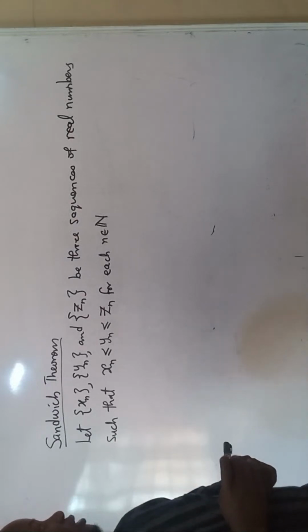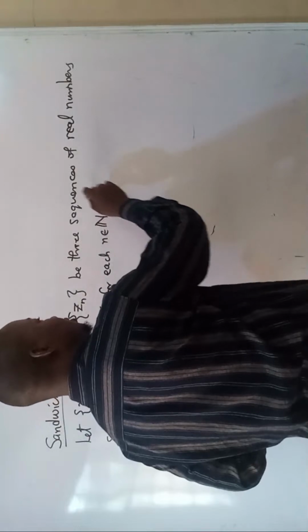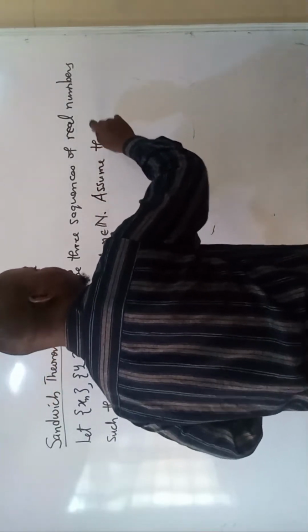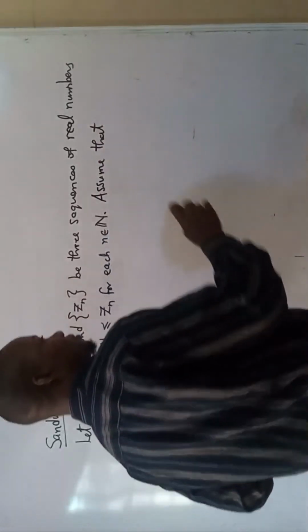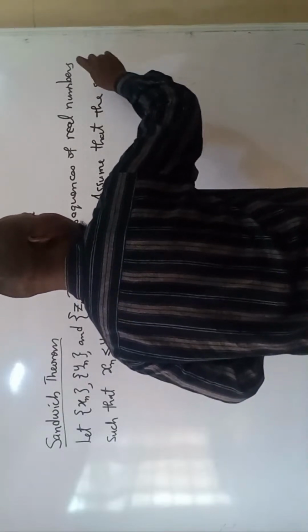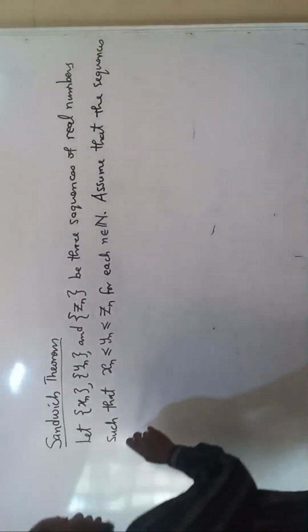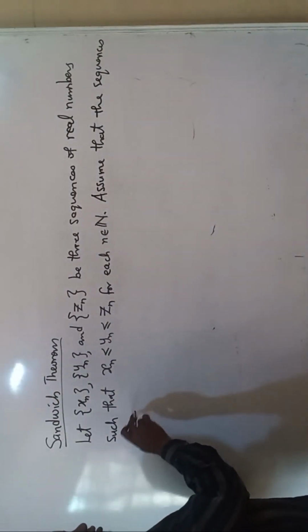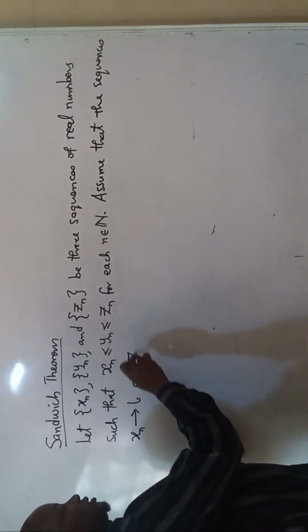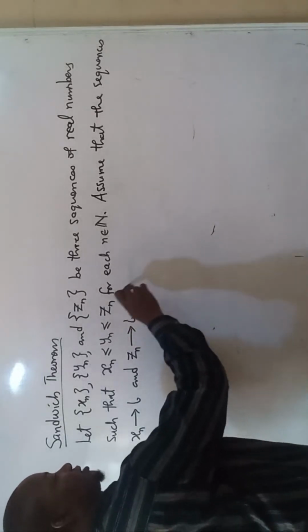Let's see this fully. So assume that the sequence xn converges to l, and zn also converges to l as n goes to infinity.